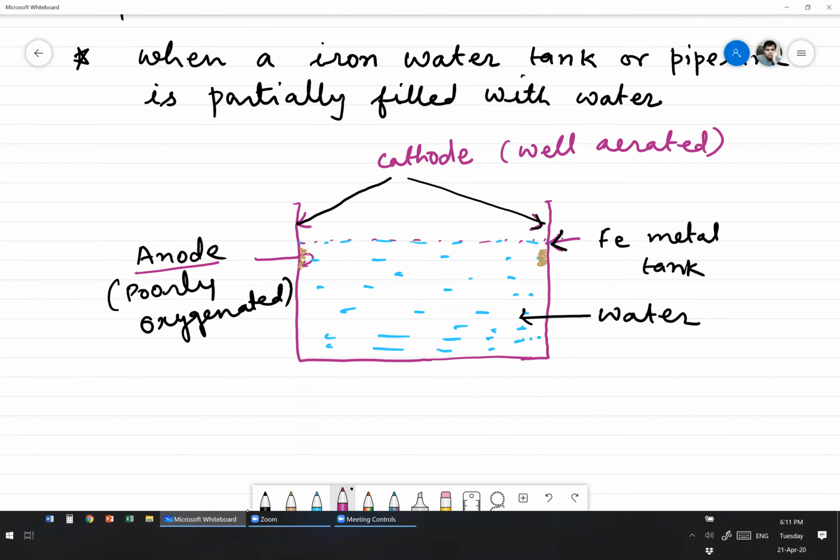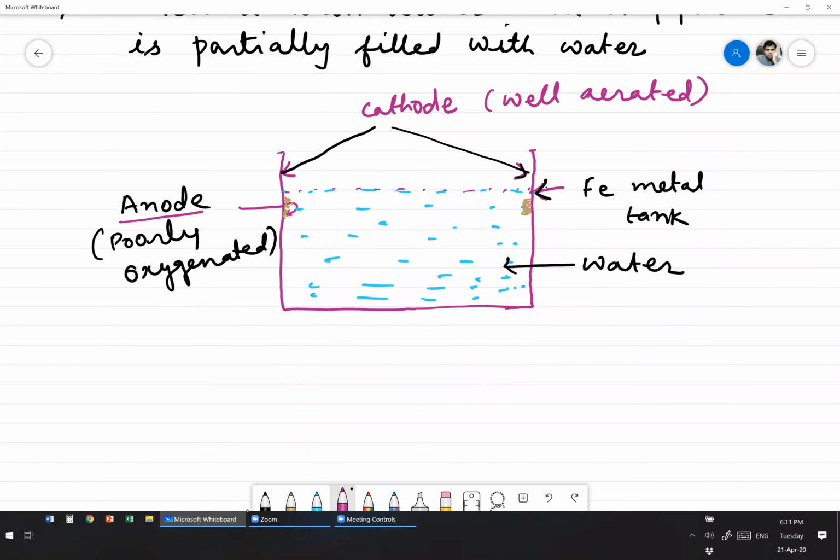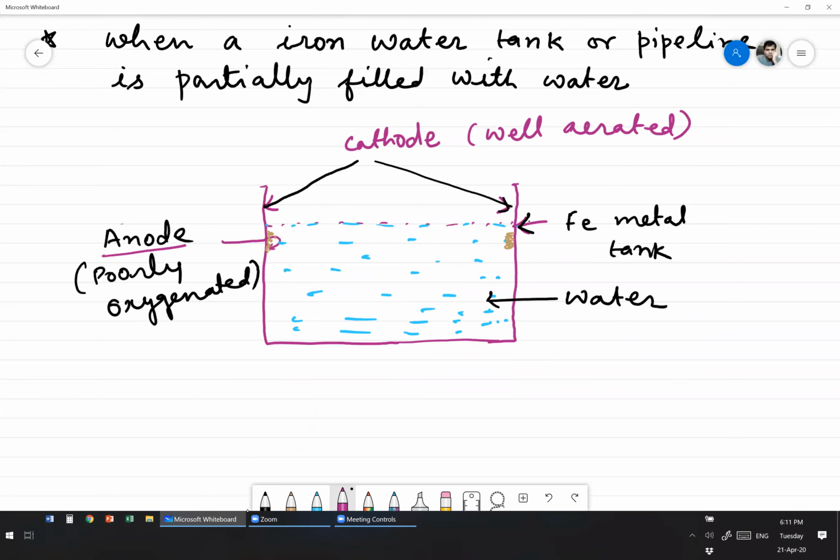I hope it's clear. So in this case, as you can see, the iron metal just below the water line acts as the anode, and here oxidation of iron takes place, Fe gives Fe2+ plus 2 electrons.